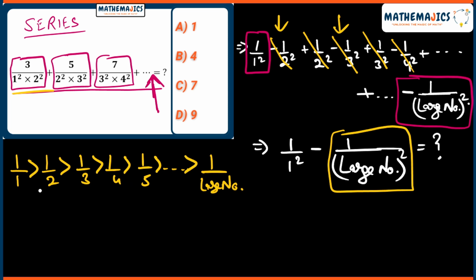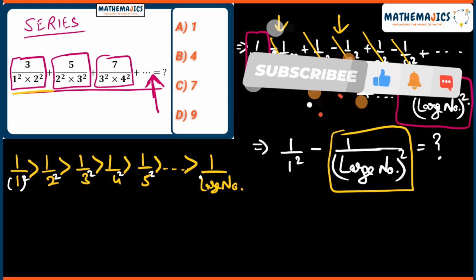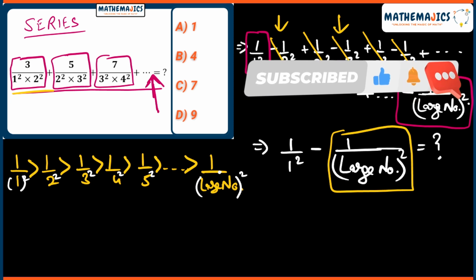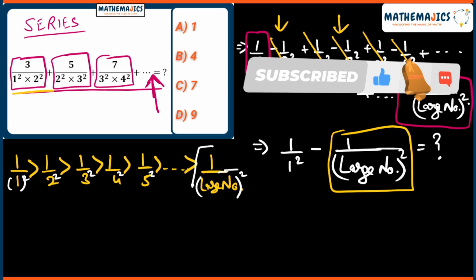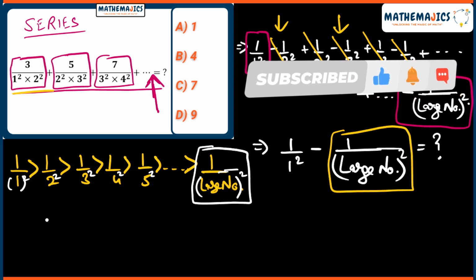Now, just imagine if I square each one of them, the last fraction will be even smaller. Yes or no? The large number square, this fraction will be even smaller.